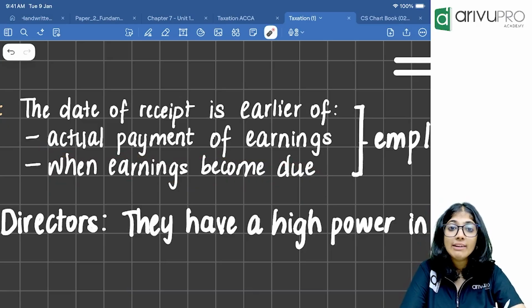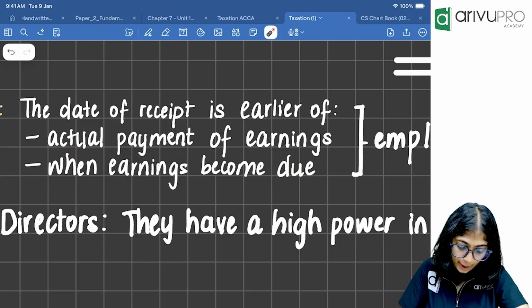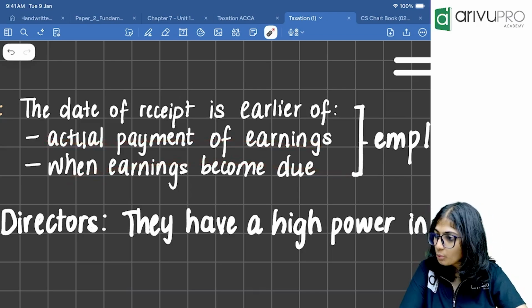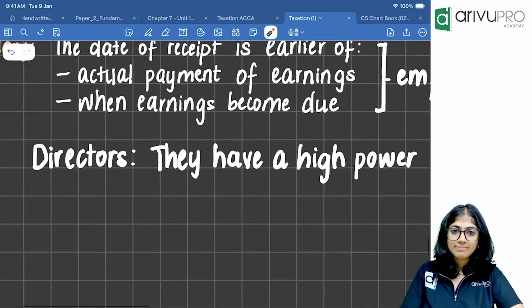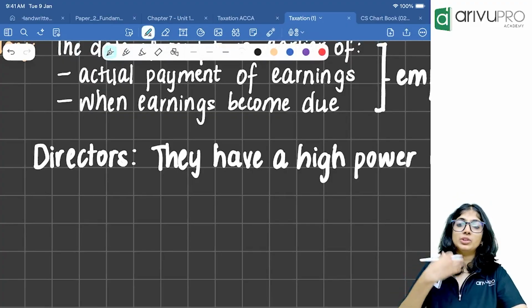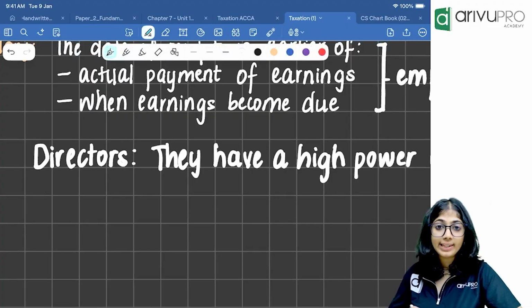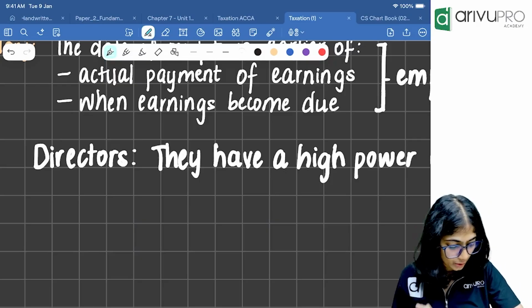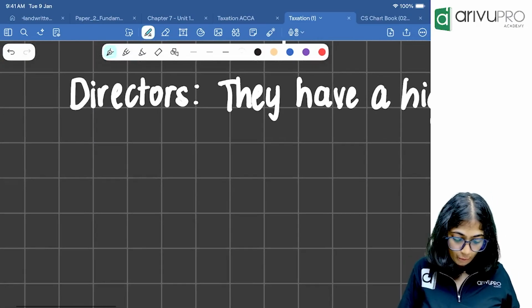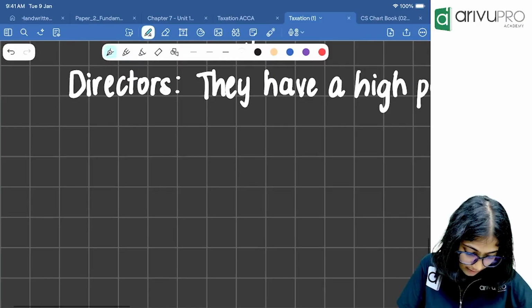That's the problem. You evade tax by manipulating the dates. So what did they do? Directors have been given separate dates. For directors, where you are in a position to manipulate the timing of when you get earnings or when earnings are actually due, you have special rules. Let's look at what the rules are.